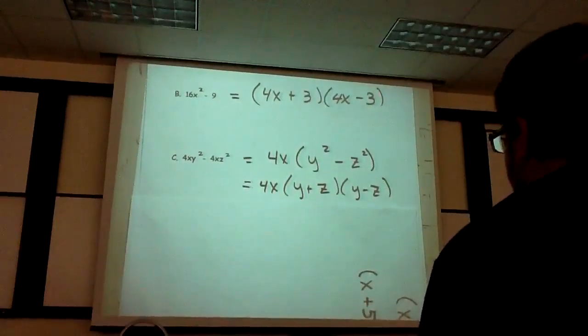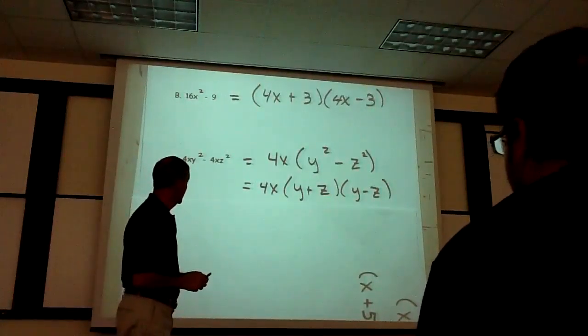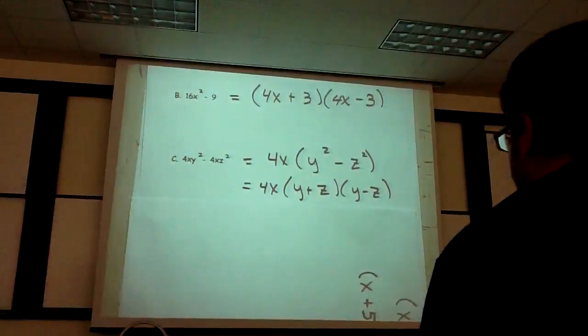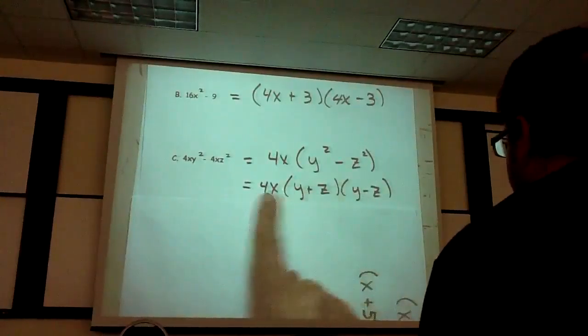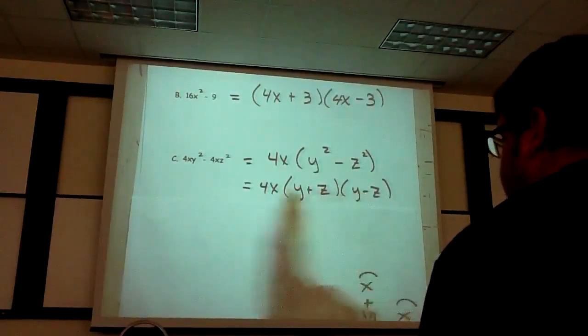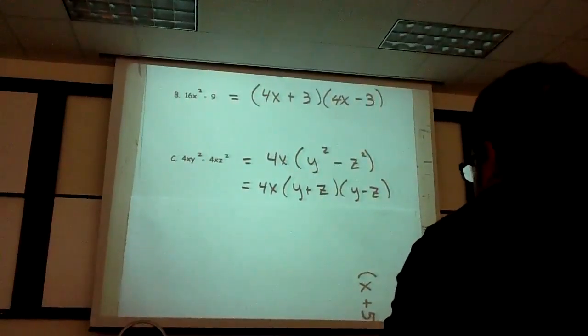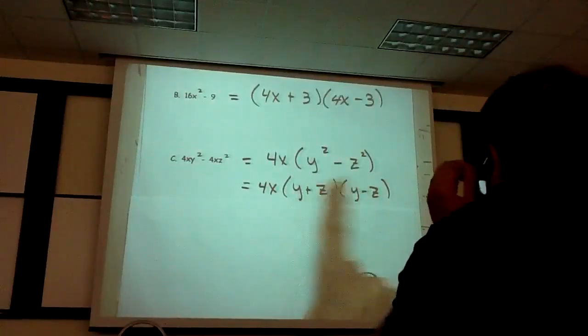Yes, sir. The 4x doesn't have to be multiplied by the y. You need just one of the two. Exactly. Please keep in mind, ladies and gentlemen, that multiplication of items is not distributed. This is not the distributive property. Distributive is when you're multiplying something by a sum or difference of things. This is multiplying things that are already multiplied.